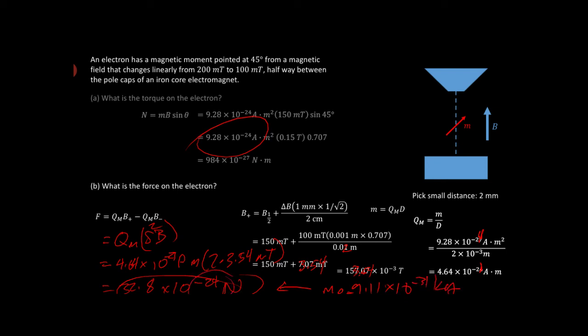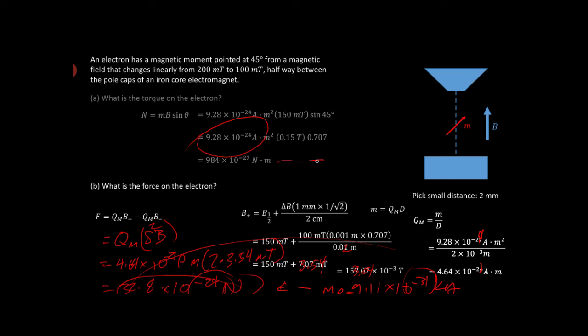So even though this has a small force, with 10 to the minus 31 kilograms, you divide this by this, and you end up with something on the order of 3 million meters per second squared. So it's really a very large acceleration, even though it looks like it's going to be small because this is such a small number for the force.